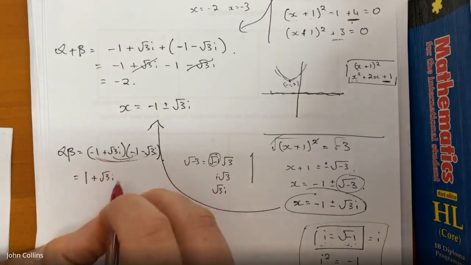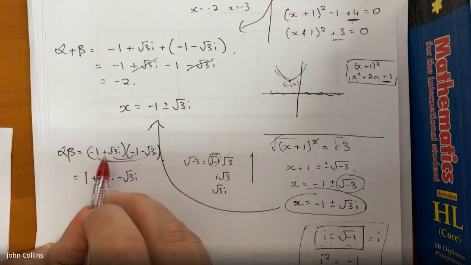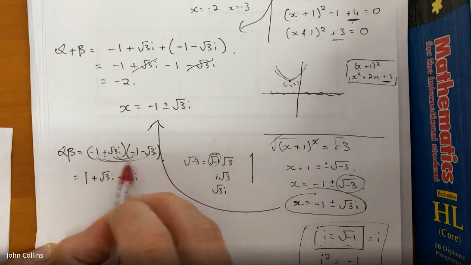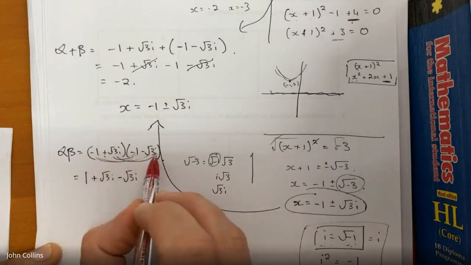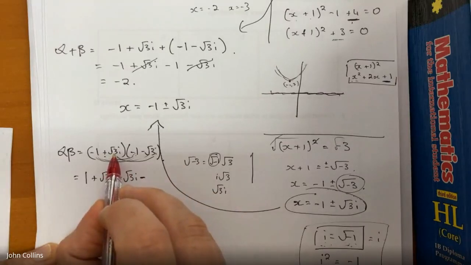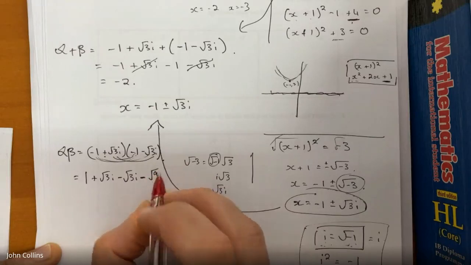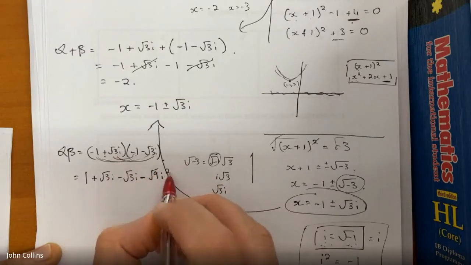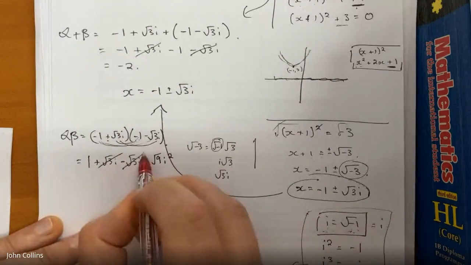Plus root 3i times minus 1 is minus root 3i. It's just changing the sign. And the last term then is going to be plus times a minus, root 3 times root 3, which is root 9, i squared. All right. That cancels with that.